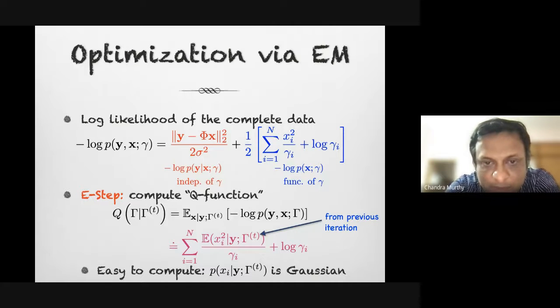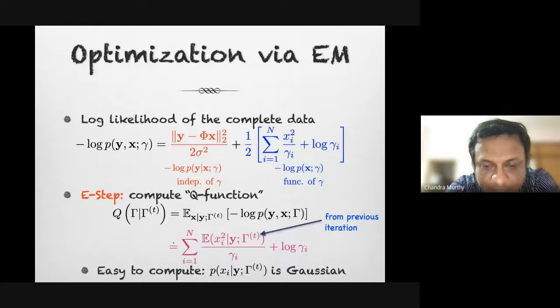And because negative log P of Y, X parameterized by gamma has the form shown in the first line, that can be directly written out in this form. It is the expected value of x_i squared given Y parameterized by gamma of t, divided by gamma_i, plus log gamma_i. So it has a simple form.